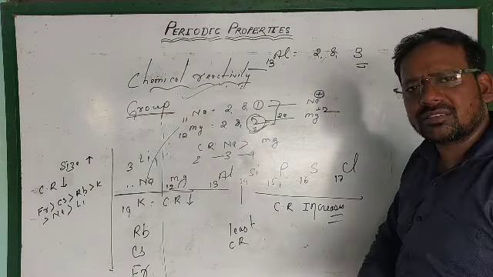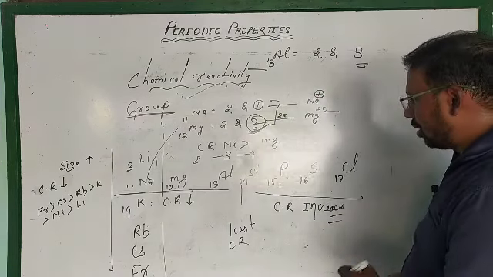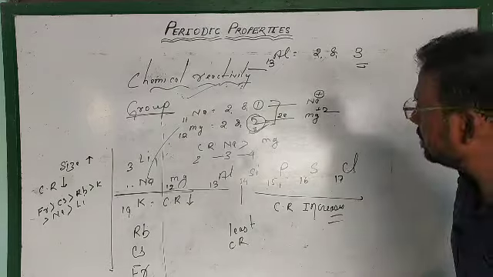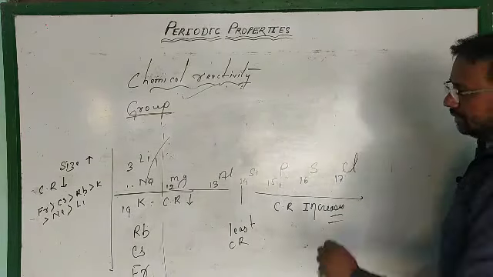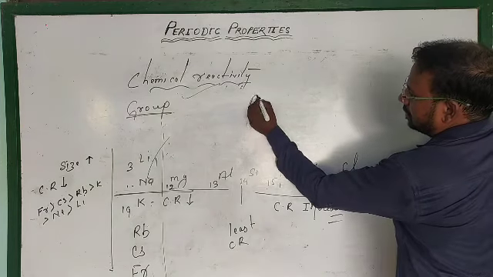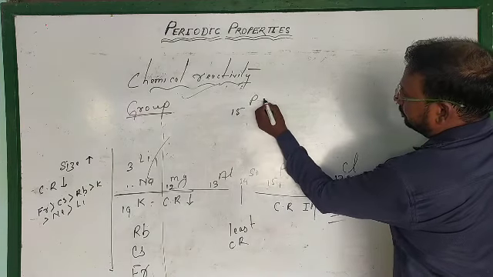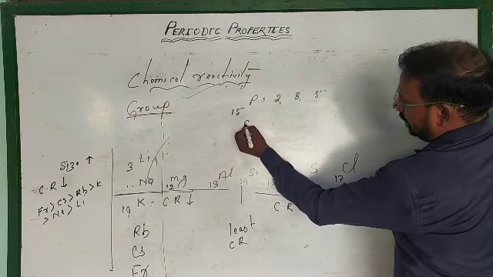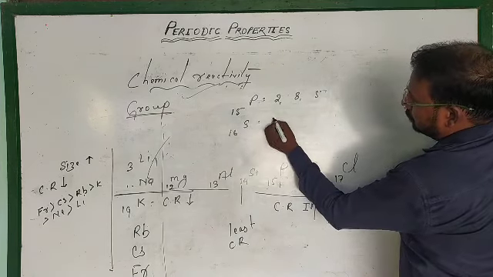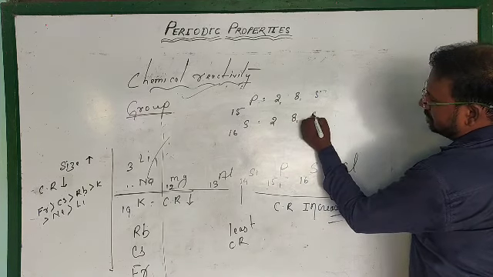Why does it increase? Because of phosphorus, I am going to erase it. In the case of phosphorus, 15: 2, 8, 5. Sulfur, 16: 2, 8, 6.